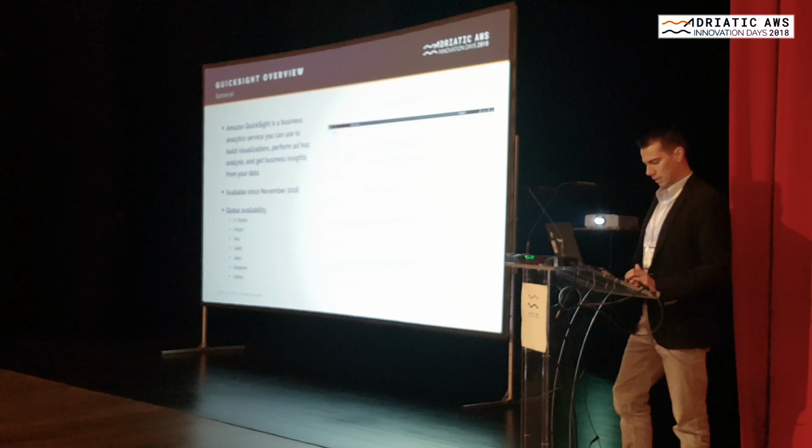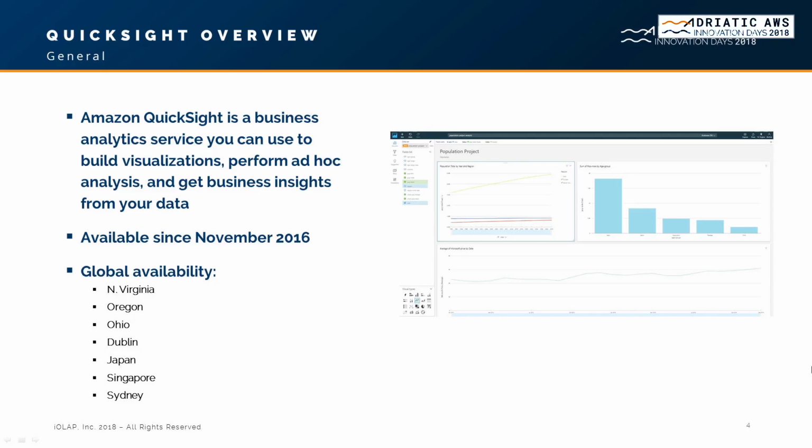QuickSight is a business analytics service you can use to build your visualizations, perform ad hoc analysis, and get business insights from your data. You can start very quickly. After you sign in, you connect to your data sources, and you can build your visualization in minutes. You can access data from multiple sources.